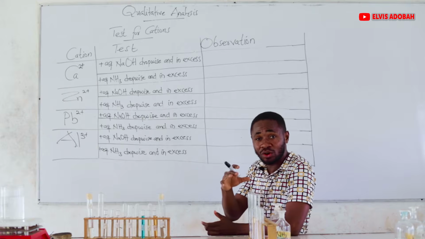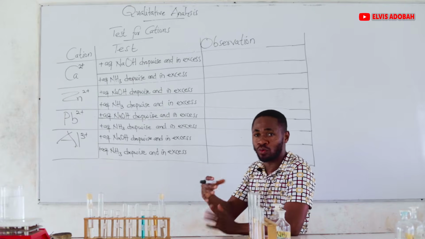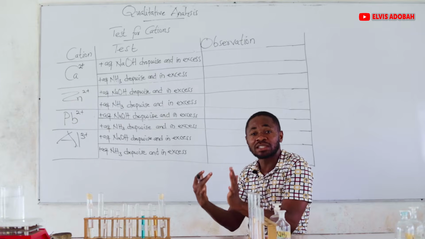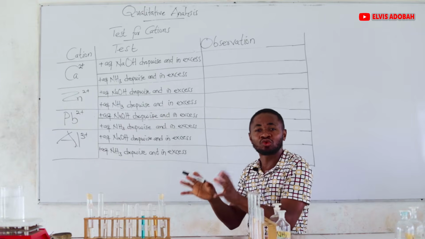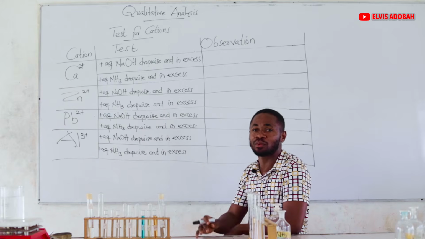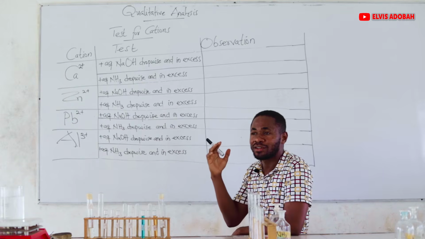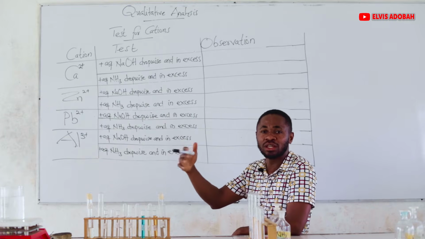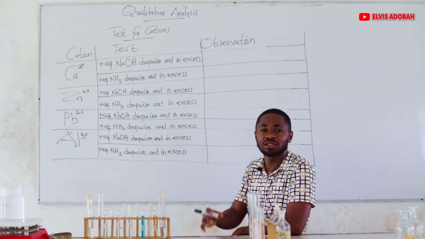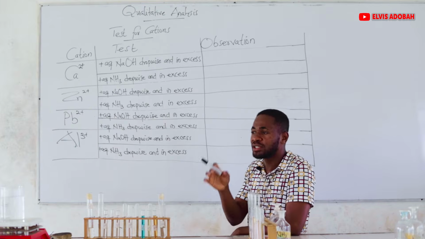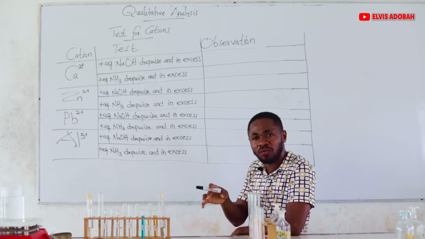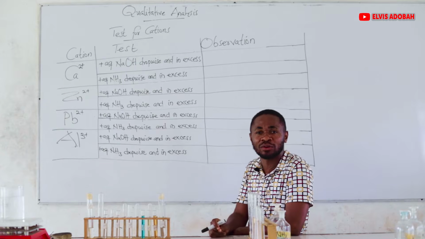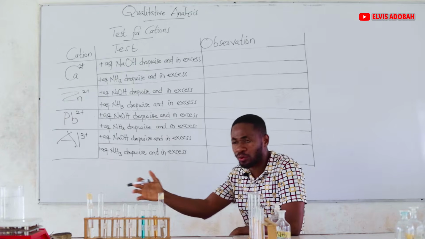If we know the cations and the anions present in that sample, we can combine the cation and the anion to ascertain which compound is really present in our sample. In the organic qualitative analysis, which we are going to do in future videos, we deal with what kind of functional group or what kind of class of organic compound is found in a sample that we have.